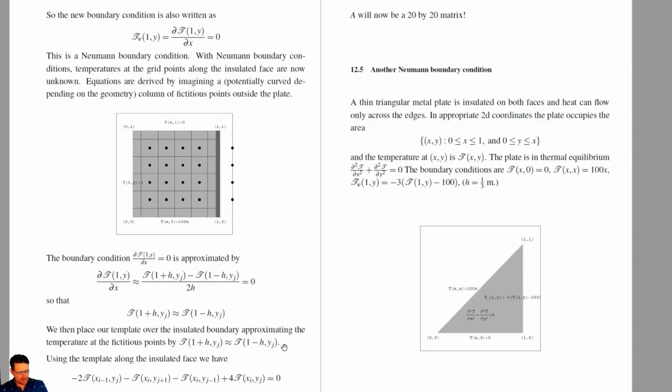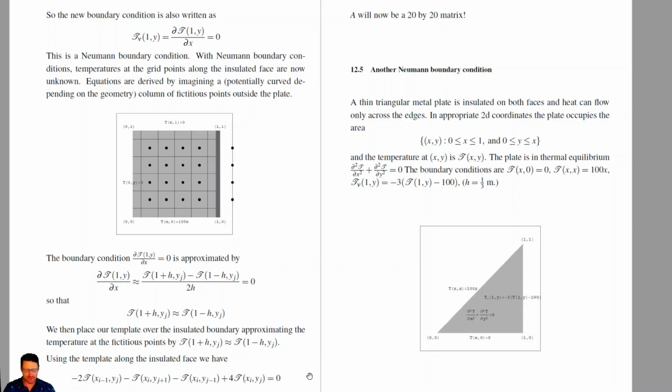All right, so then along that right-hand face, replacing the fictitious point with the point inside, we have minus 2T(x_{i-1}, y_j). We have two of those, right? And then the rest of the template as before.